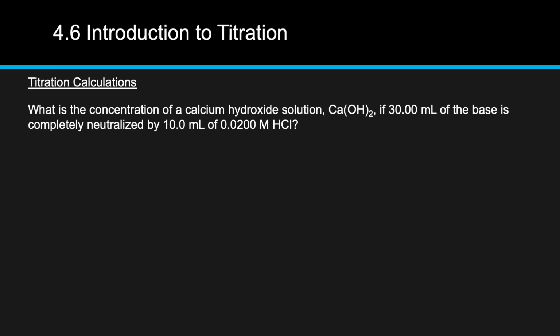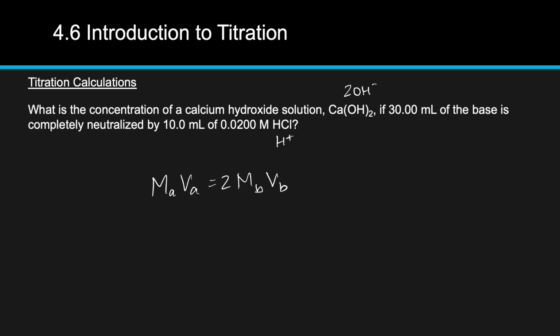All right, let's do that again, but with a ratio that is not 1:1. So here we have a calcium hydroxide solution, which is 2 hydroxide ions, with HCl, which is 1 H+ ion. So when we do our calculations with MaVa equals MbVb, we just need to have this one multiplied by 2 because we have 2 hydroxides per 1 hydrogen ion.